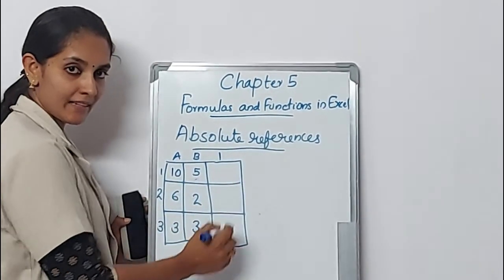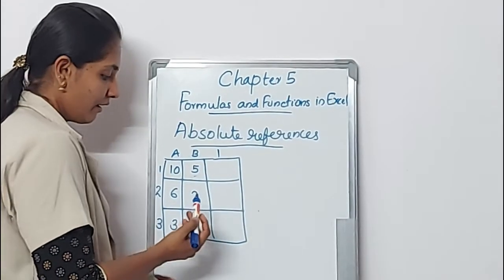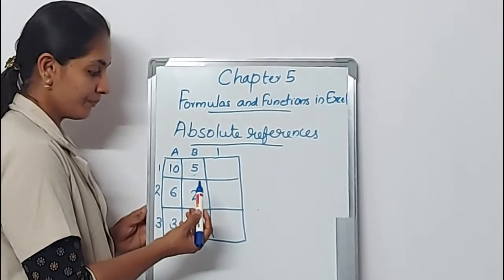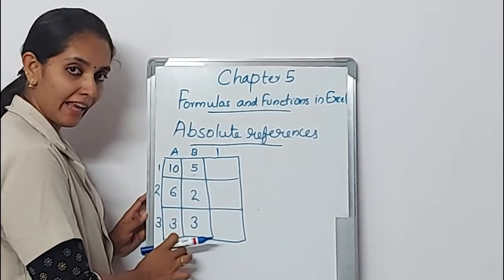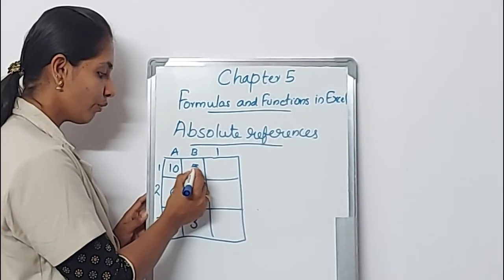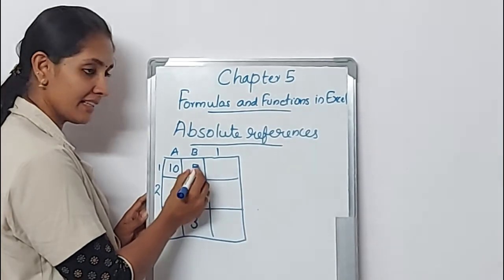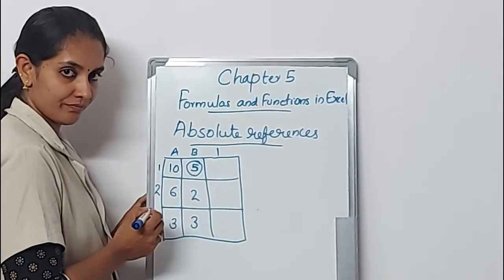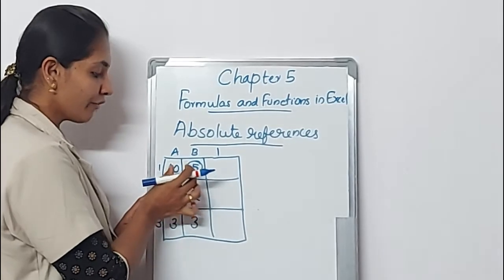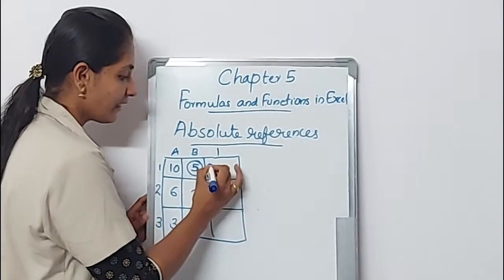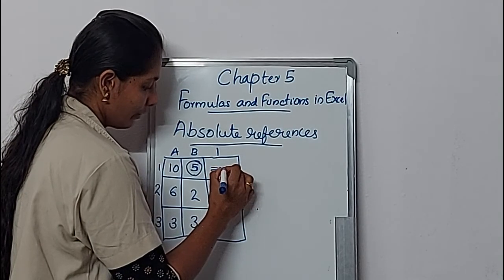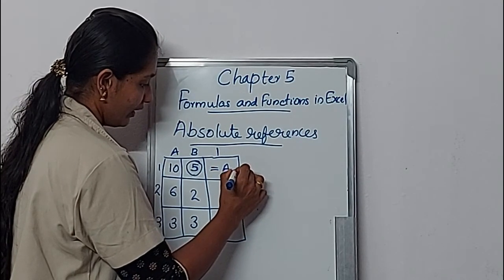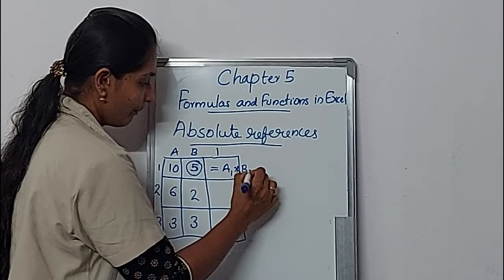Here, this is an Excel sheet with a lot of values. Here, we want to multiply the first column A with the value in cell B1, that is 5. Instead of giving a direct value, we can write the formula here: equal to A1 into B1.